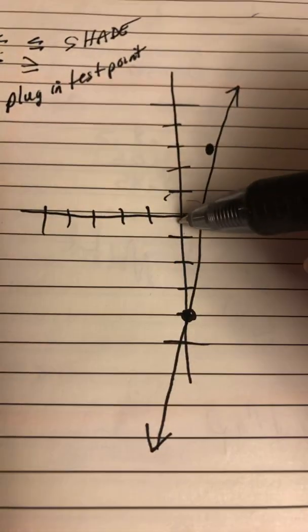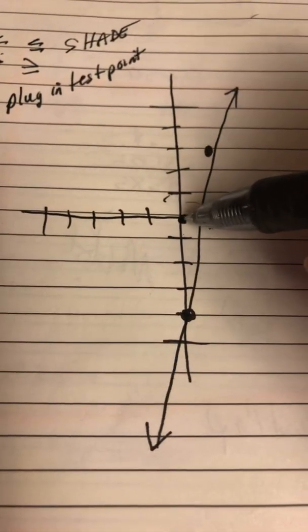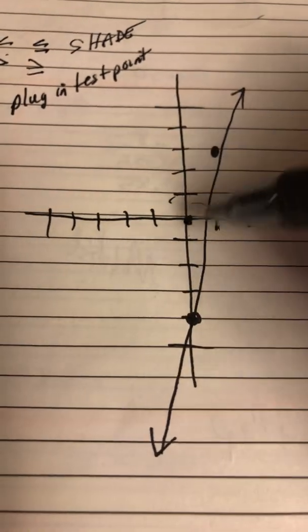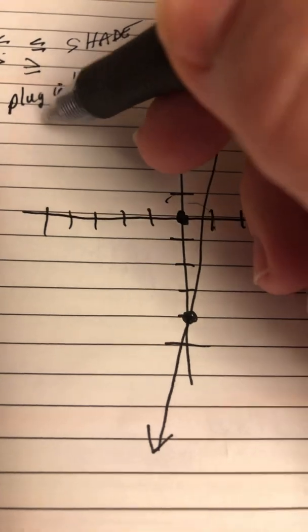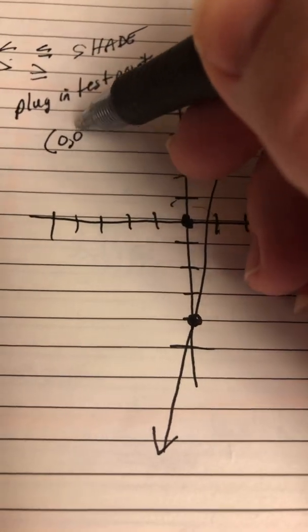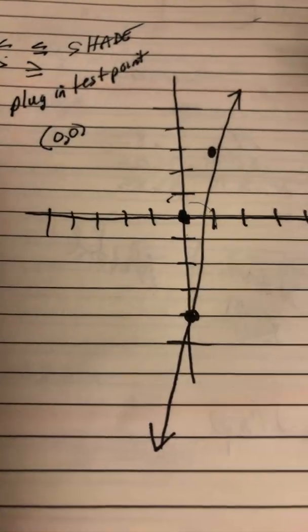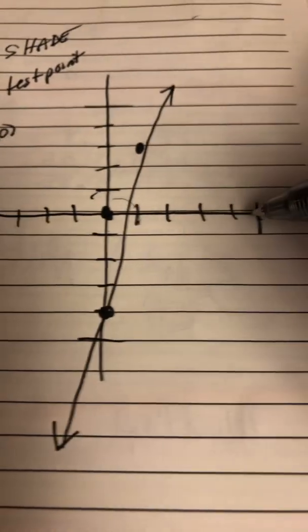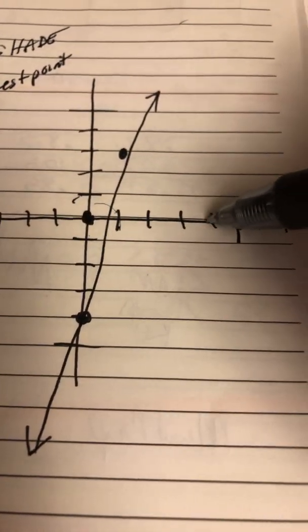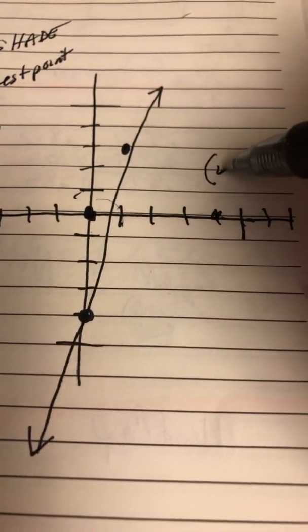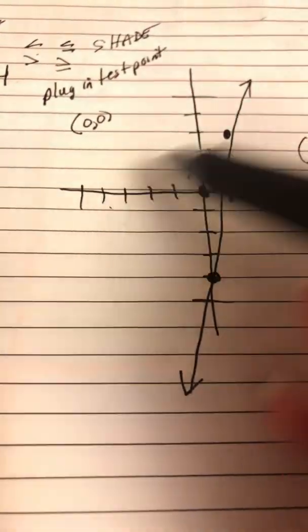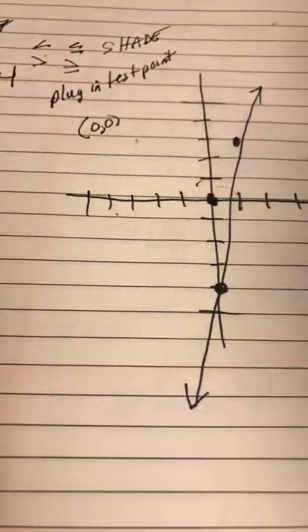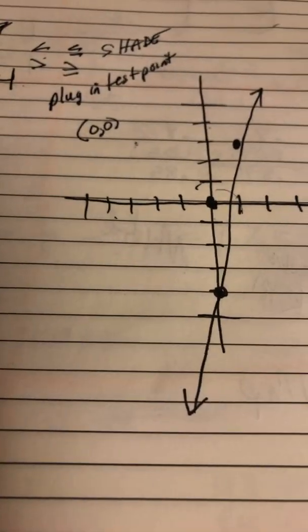So sometimes the easiest point to choose is this spot right here, because we don't want to choose something that the line touches. So if the line is not going through the center, we can plug in that spot of 0 and 0. But it wouldn't matter. I could plug in this spot over here that's at 4 on the x, 0 on the y. Or I could plug in this spot over here, or this one here, or one over here. It doesn't matter as long as it's not touching the line.